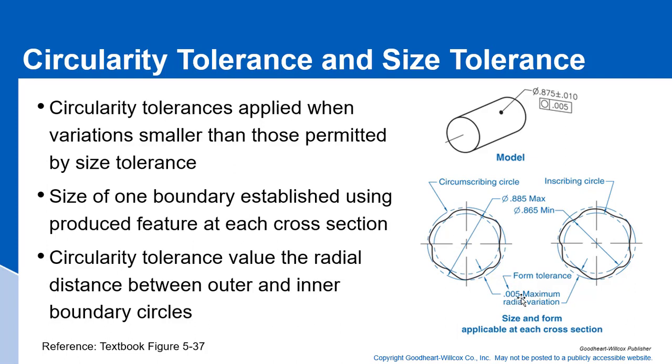This is our tolerance zone here, the five thousandths, and that's our form tolerance. So we have our max and we have our min, and then we have our form tolerance within that zone. So its circularity tolerance value is the radial distance between the inner and outer boundary circles. So that's what that means for circularity.